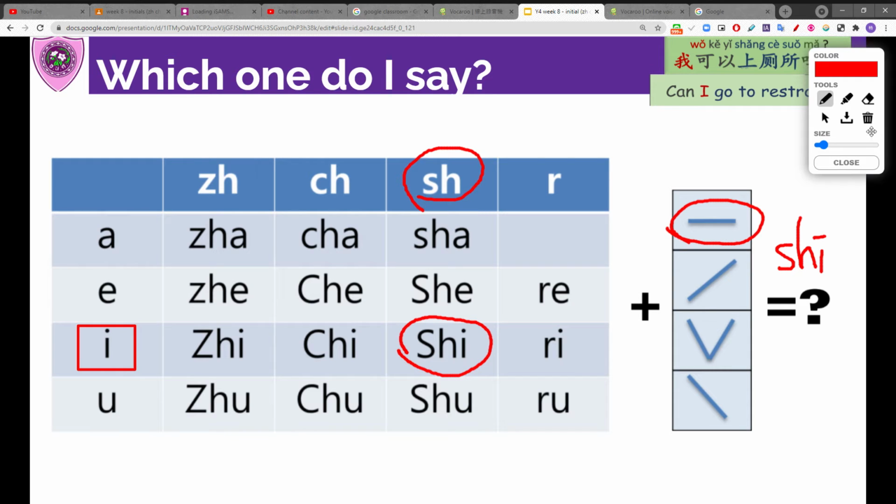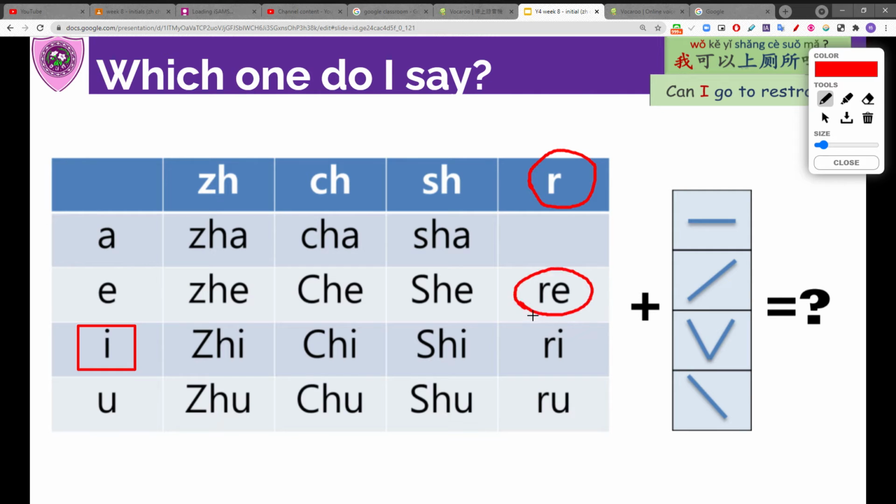Let's do one more. Which one is the pinyin of 热? The answer is this one, the r initial with the final. It should be the fourth tone, 热.